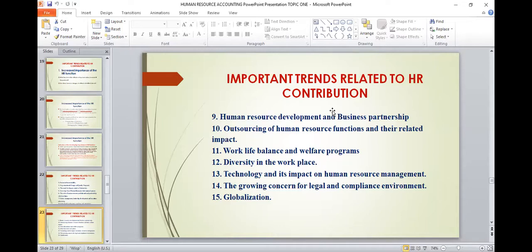All the challenges that come as a result of the improvements we have just talked about, that is the trends, the HR-related trends we've talked about. Talk about outsourcing of human resources, talk about HR development, talk about wellness and welfare, talk about the improvement in productivity, and so on and so forth. They pose a lot of challenges to the HR world.